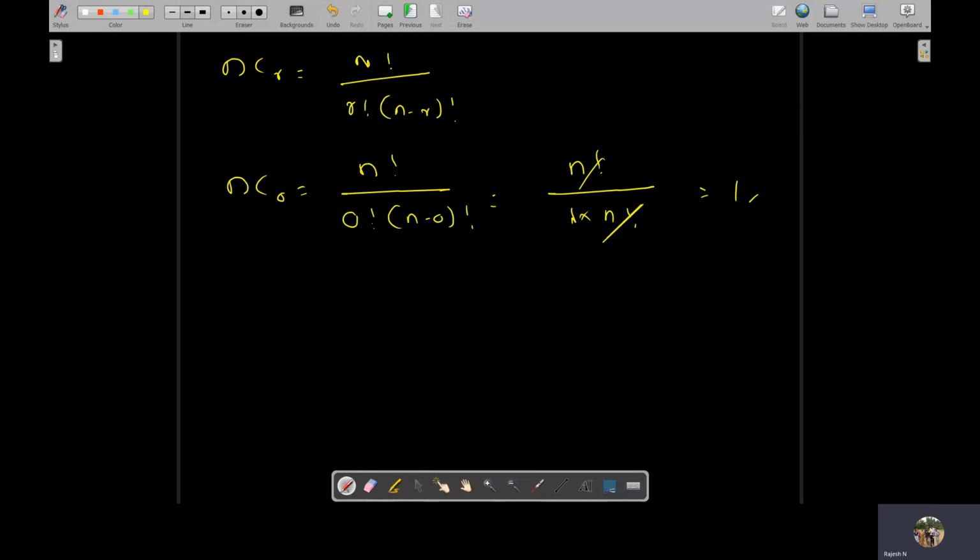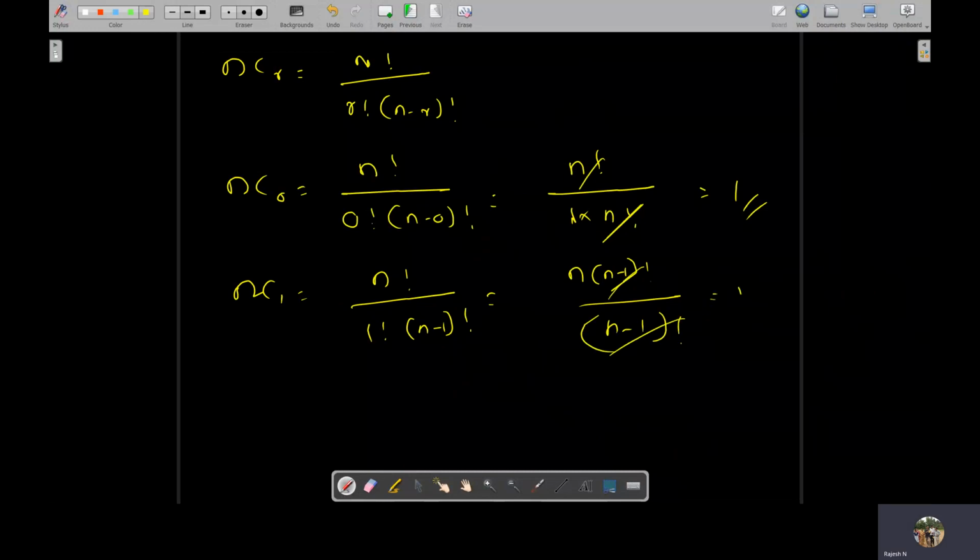So what is the answer? 1. What is nC1? n factorial by 1 factorial into (n minus 1) factorial. n factorial we can write as n into (n minus 1) factorial, by (n minus 1) factorial. So the answer is n. So nC0 is 1, nC1 is n.